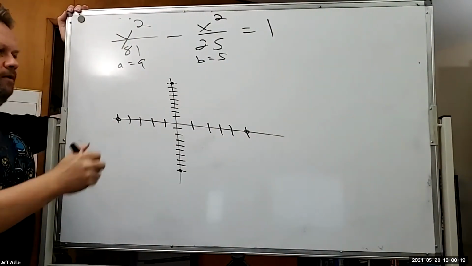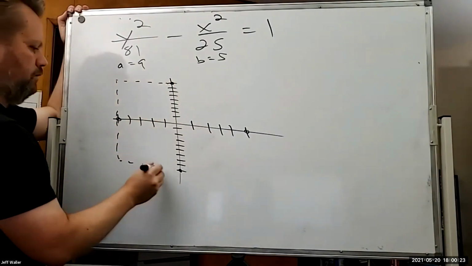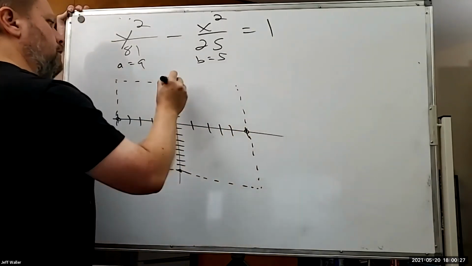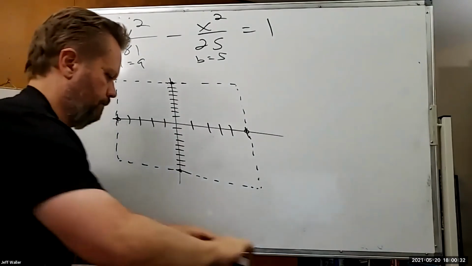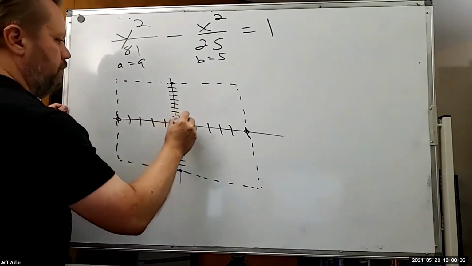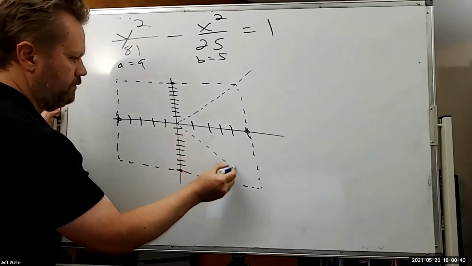Yeah. So now I'm going to make my little box. You can do whatever sound effects you want. It's totally up to you. Why am I changing colors? I don't know, just because. And now I'm drawing in my asymptotes.